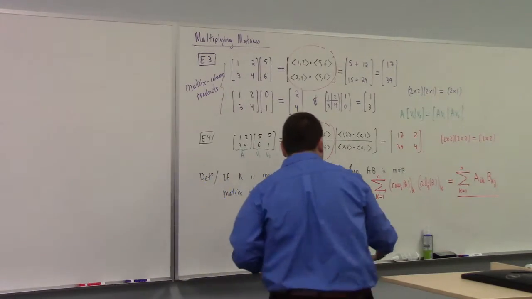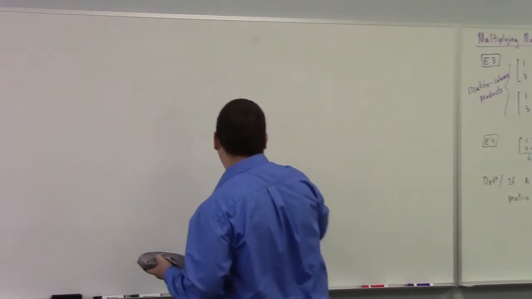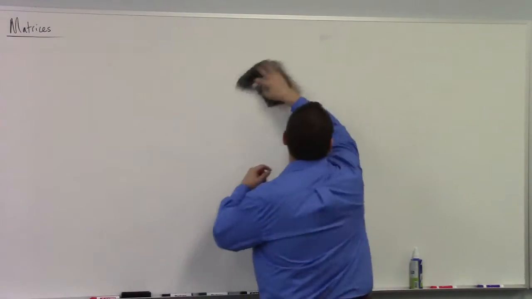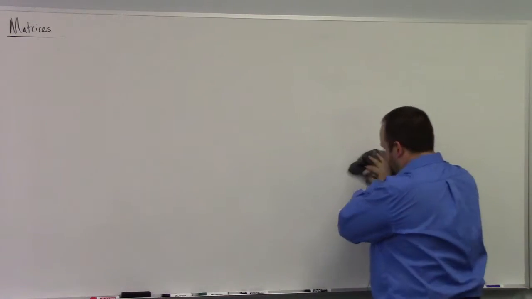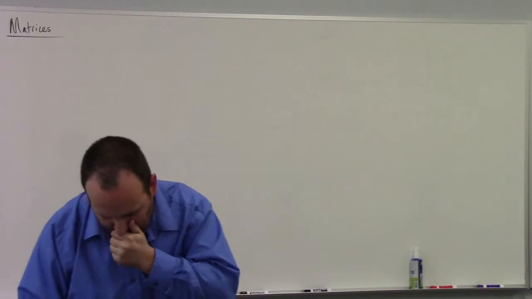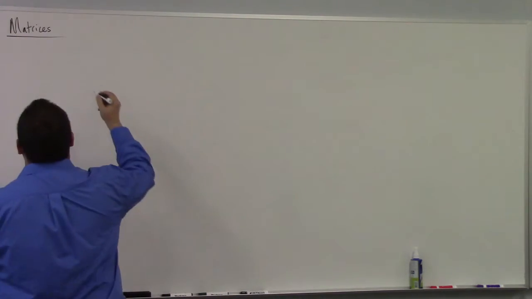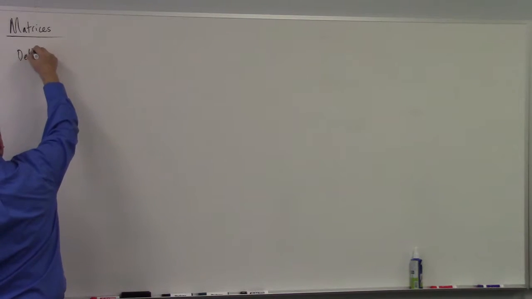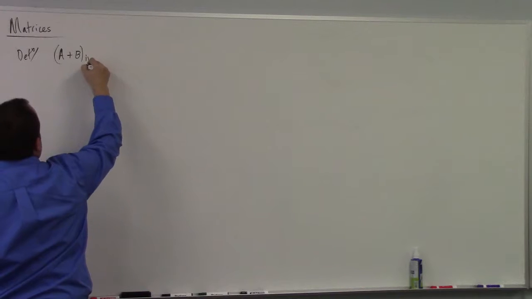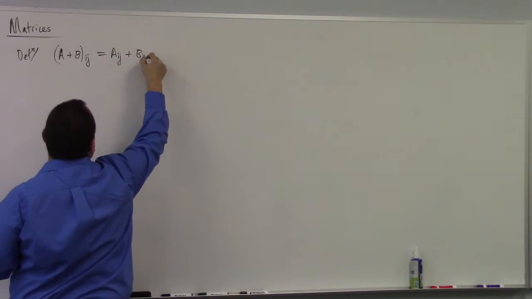So there I gave you the definition of matrix multiplication. Let me get around to giving you the definition of scalar multiplication and addition while we're at it. Probably pick up the pace. I do want to get to differential equations eventually here. So, definition: (A plus B) ij is equal to a ij plus b ij.